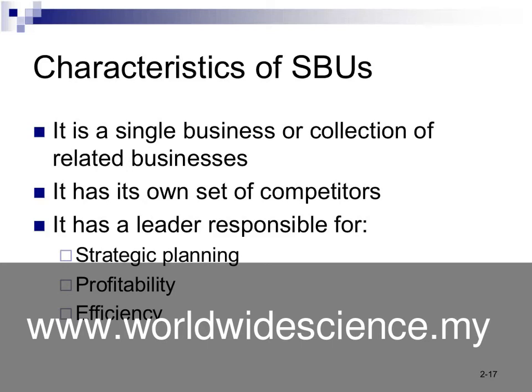So different types of businesses, we just bundle them together, and it becomes part of your SBU when you're planning your marketing. Then it has its own set of competitors, so each SBU will have its own competitors. Then it has a leader responsible for strategic planning, profitability, and efficiency.